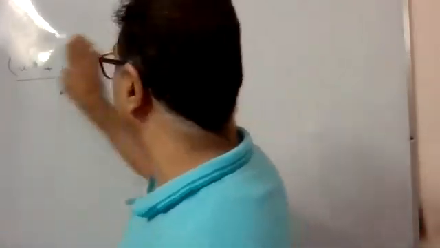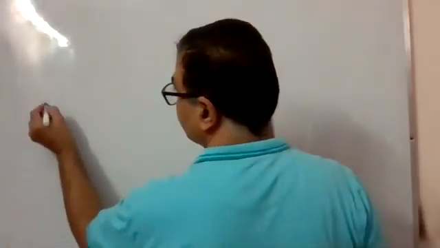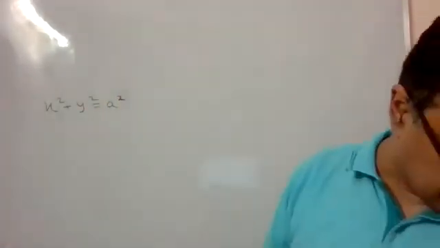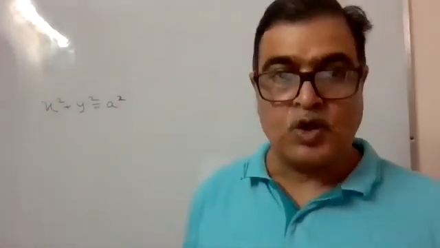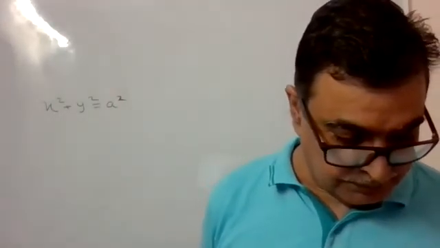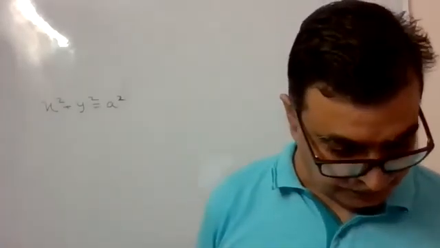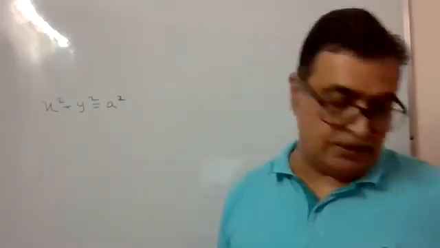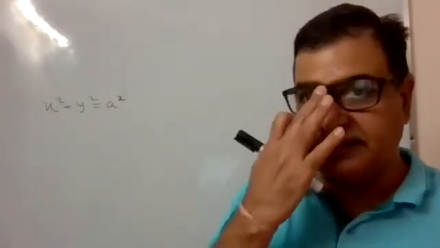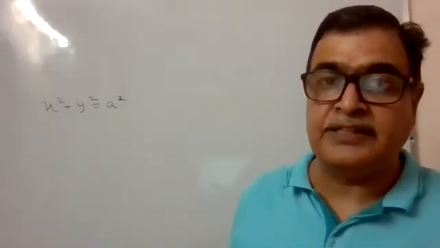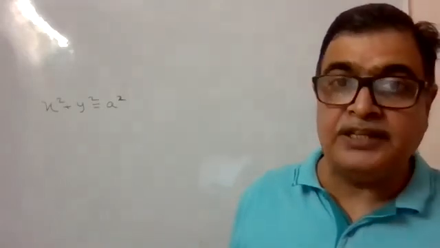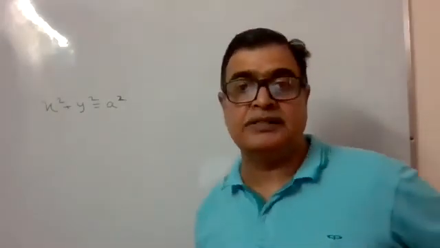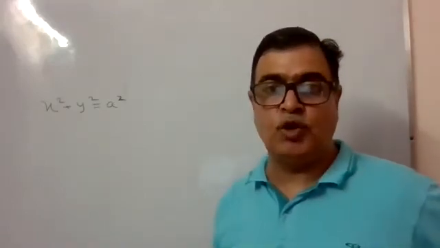Tangent to the circle x square plus y square equal to a square at any point on it in the first quadrant makes intercepts OA and OB on the x and y axis respectively, O being the center of the circle. Find the minimum value of OA plus OB.